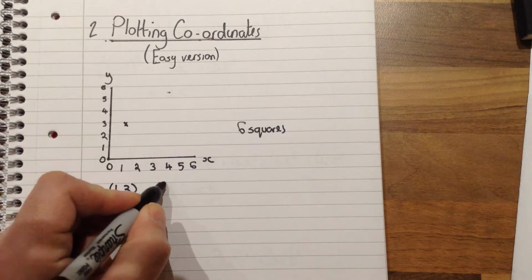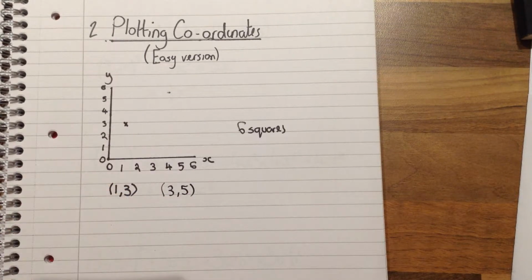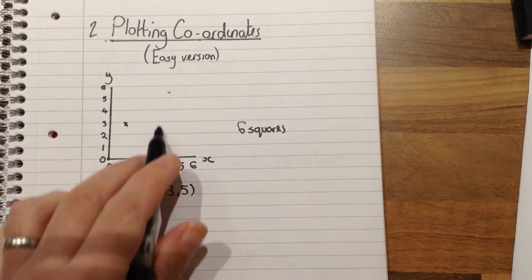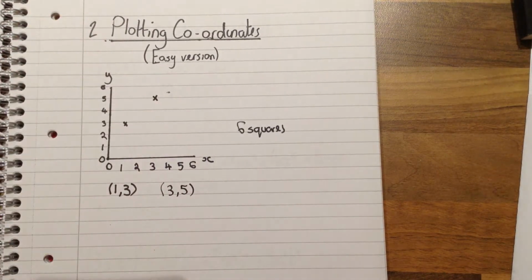The next coordinate we'll have a look at, let's say, is (3, 5). So I'd go along to 3, up to 5, and put myself a little cross. Now, sometimes the question will just ask you to plot the coordinate. Other times, it might ask you to actually draw shapes using this.